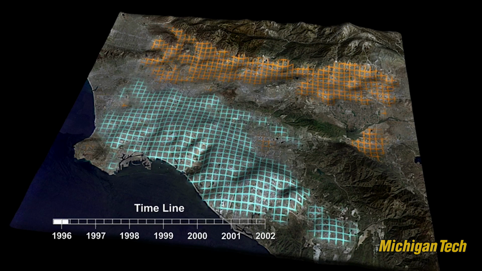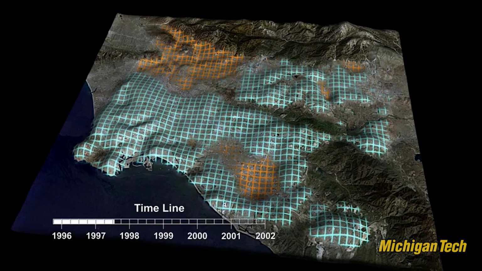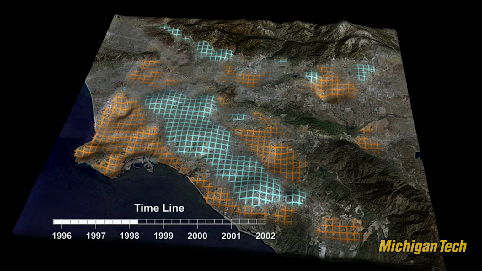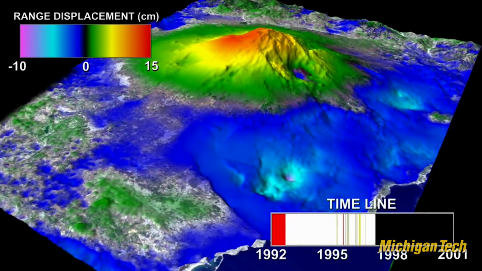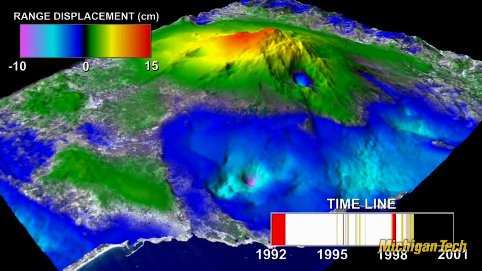InSAR gives us the ability to measure precise deformation. If we can measure deformation of a geotechnical asset over time, it would give us an indication of how that asset is performing. From these deformation measurements, we can compute cumulative displacements over time.